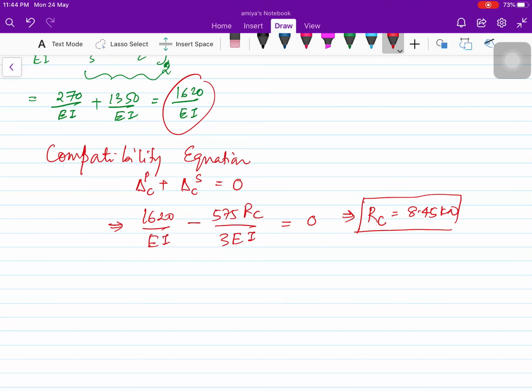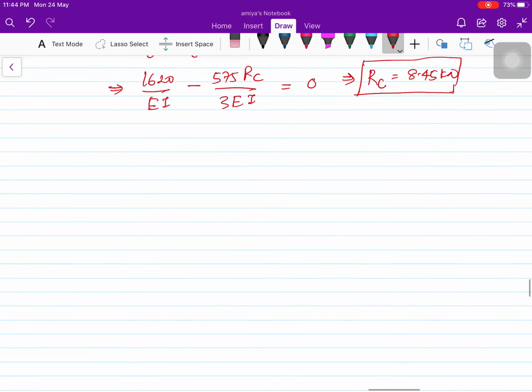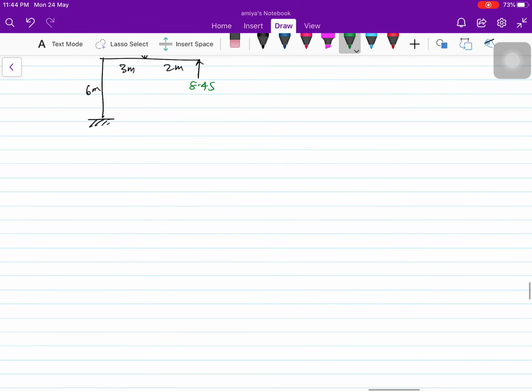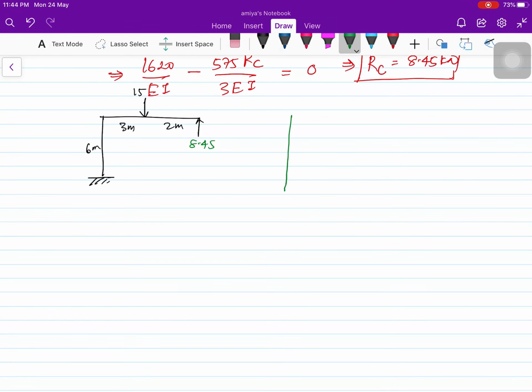Okay, so once you know the RC, we can find out the shear force and bending moment diagram. So we have this 15 kilonewton, this is 2 meter, this is 3 meter, this is 6 meter, and we have now found out this as 8.45, right? So for this I can draw the shear force diagram as 8.45, so 8.45 till where the 15 kilonewton force is there, then 8.45 minus 15.